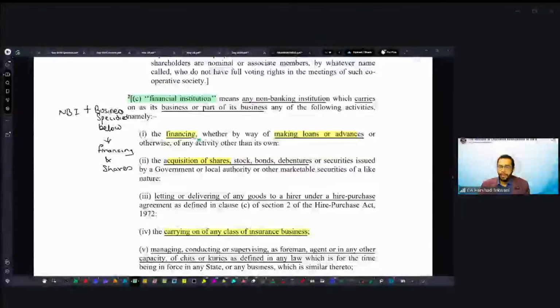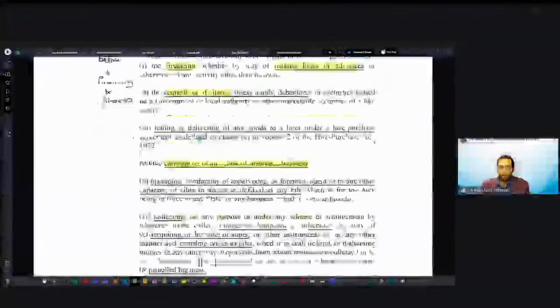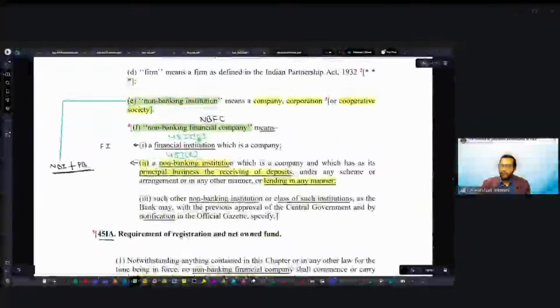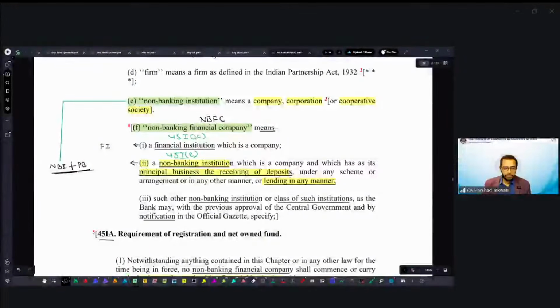Because it's not a company. The first condition is FI plus company. So a multi-state cooperative society will not fall under the category of FI plus company. Definitely it will go under NBFI plus principal business.